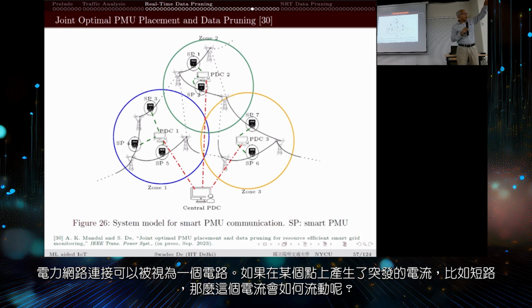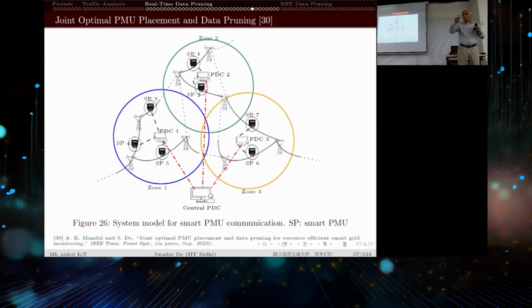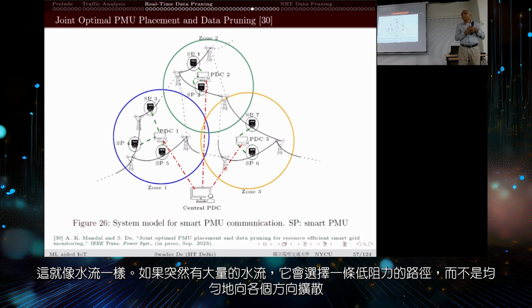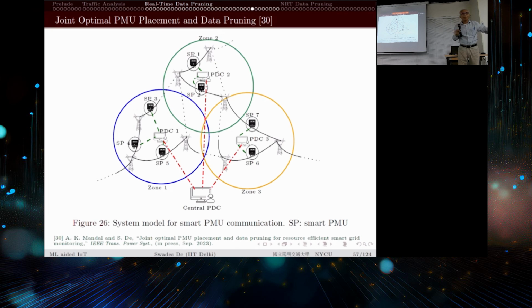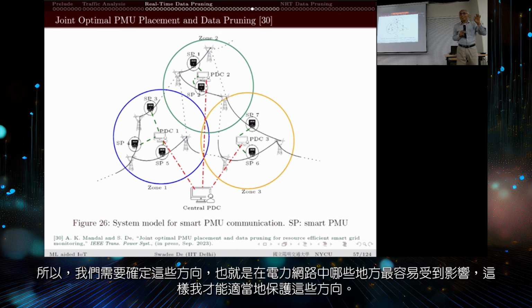At some point you have generated a burst of current, let's say some short circuit happened. How will that burst flow? It is like water flow. If you pour a lot of water, it will take a certain low resistance path. Not necessarily will it go uniformly in all directions, right? So we need to identify that.